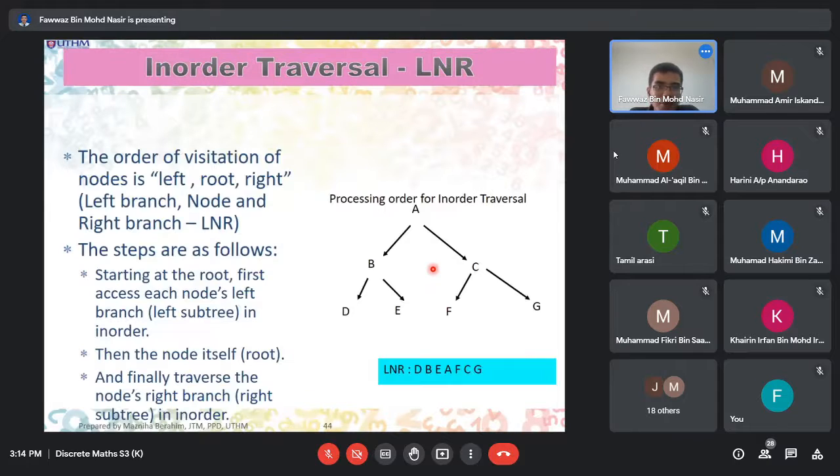Then for in-order traversal, we look at the left child first, then the root, then the right child.